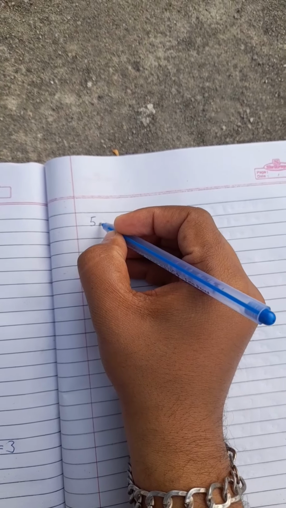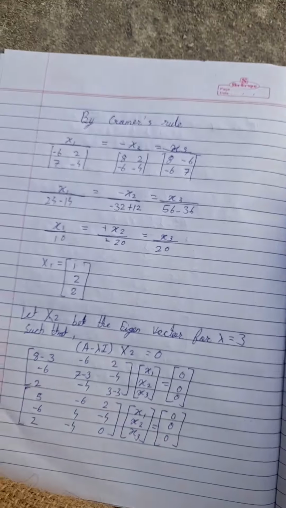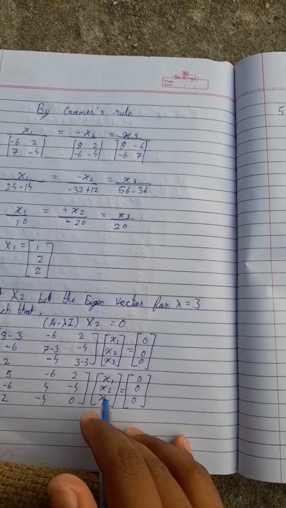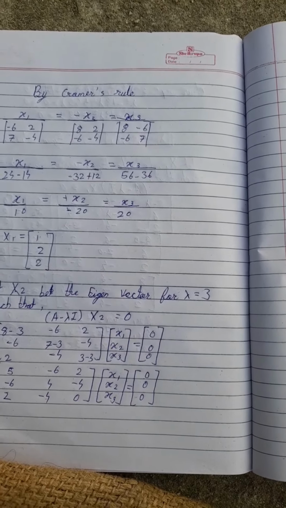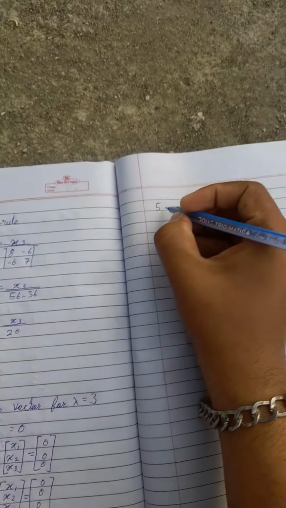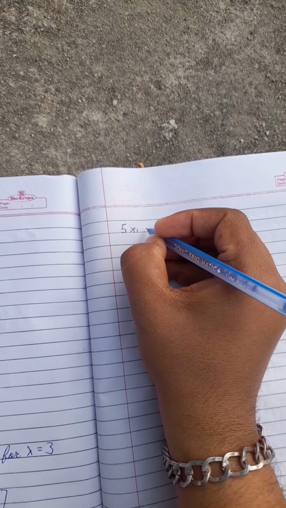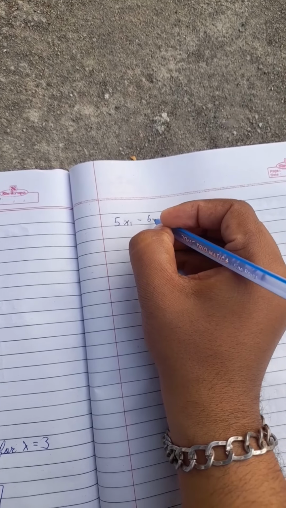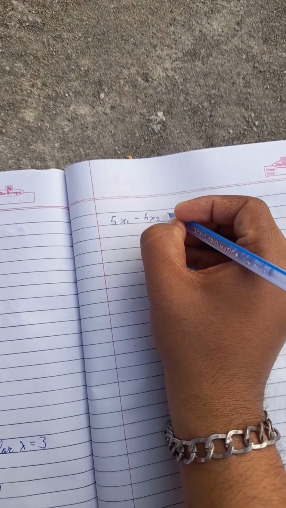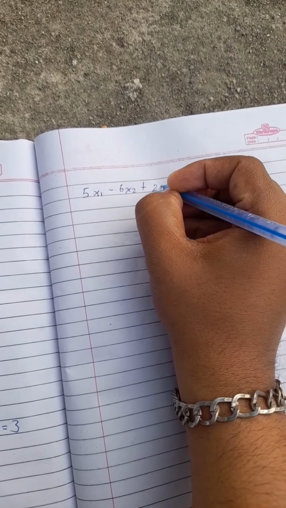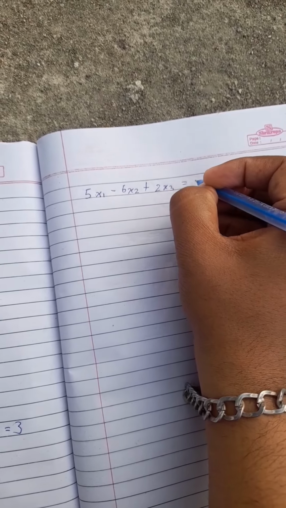Same thing we have to do here. We have to multiply this matrix with these eigenvectors. So we get 5x1 minus 6x2 plus 2x3 equals to 0.